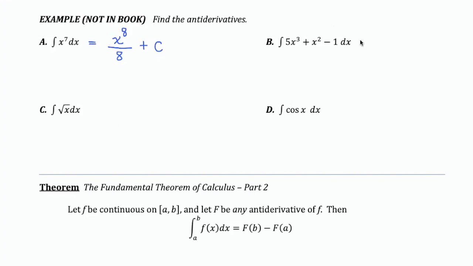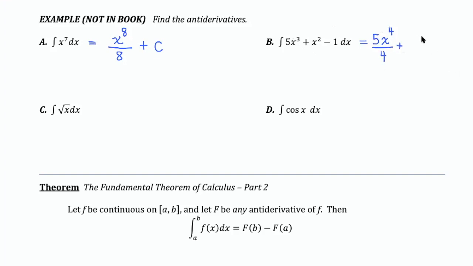All right, in the next example, the integral in part B, you work term by term. So you begin with 5x cubed. You increase its exponent by 1, which is the 4. You're going to keep that 5 just sitting there, but we are going to divide by 4, our new exponent.